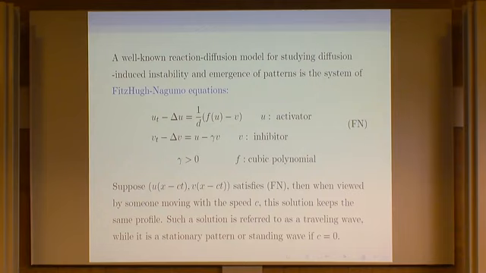So this is a so-called excitable system. But then when you have the inhibitor v added to this system, many more interesting phenomena can be found, and people already found such solutions numerically.